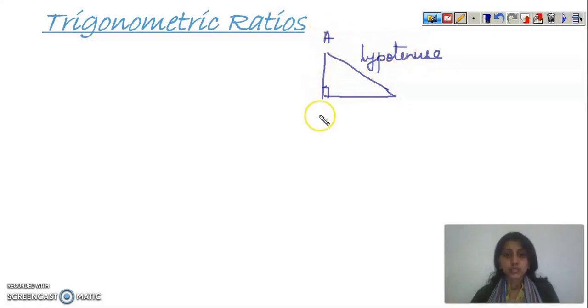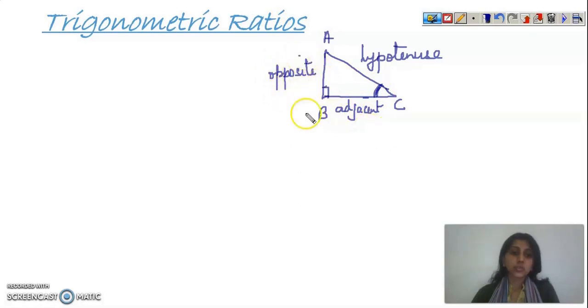Suppose we name this triangle ABC and we are talking about angle C. Before defining trigonometric ratios, we have some special names for these sides in relation to angle C. The side which is touching this angle, other than the hypotenuse, is known as the adjacent side. And the side which is opposite to this angle, not touching it, is known as the opposite side.